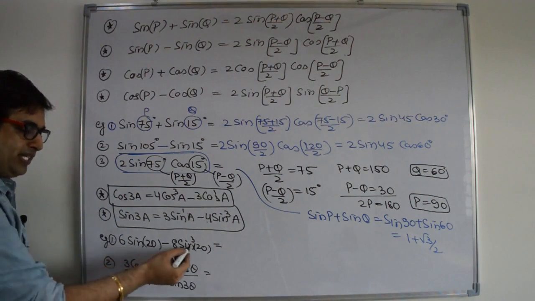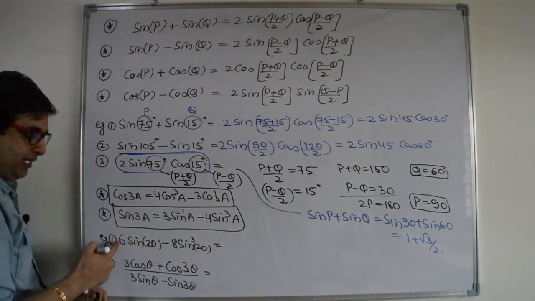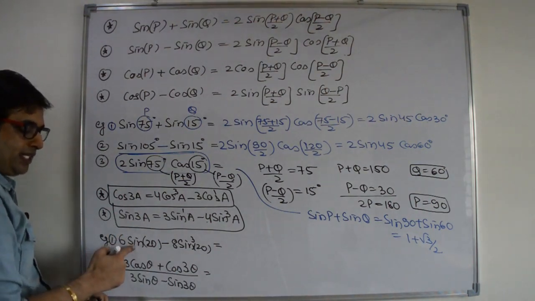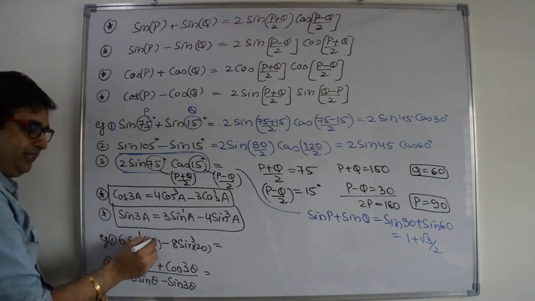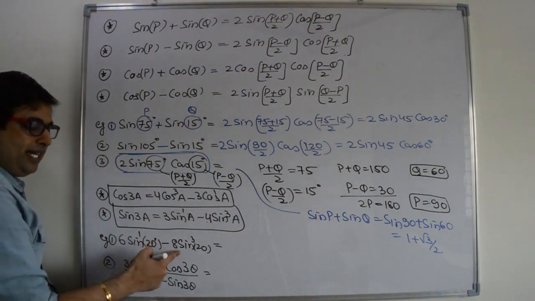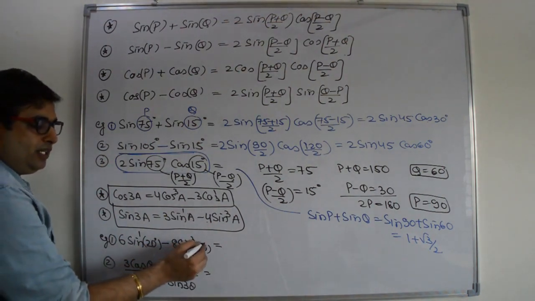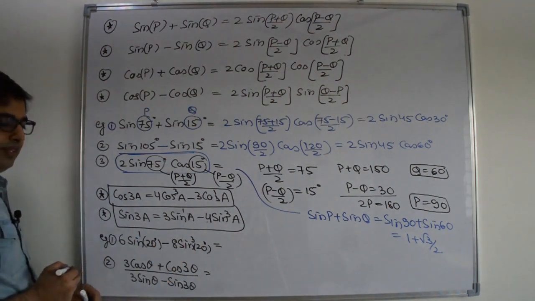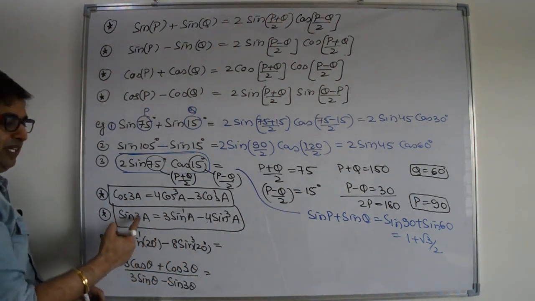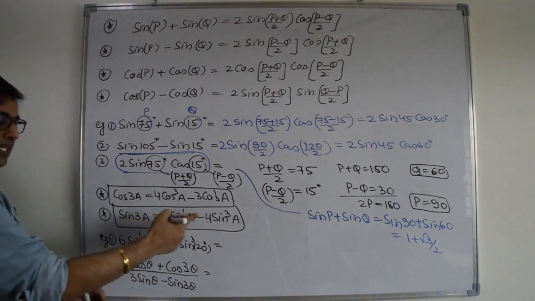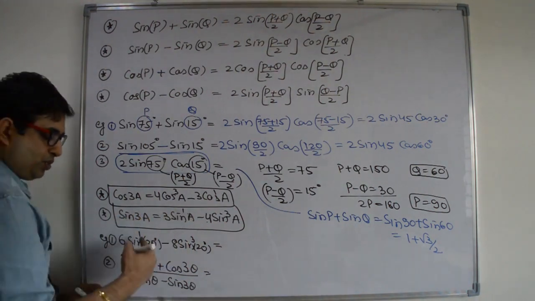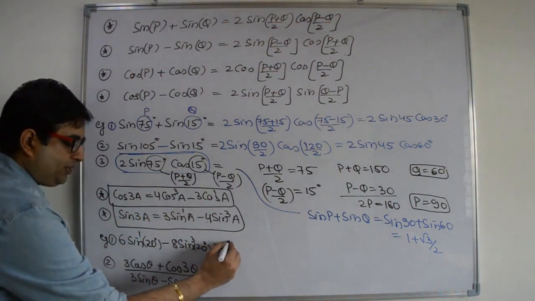Now let us see one example based on these two formulas. We have 6 sine power 1 20 degree minus 8 sine power 3 20 degree. Right? Power 3 power 1 similar to this type of format. Right? So take 2 common.